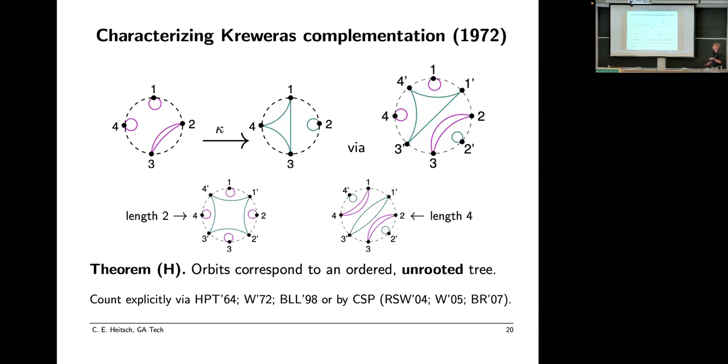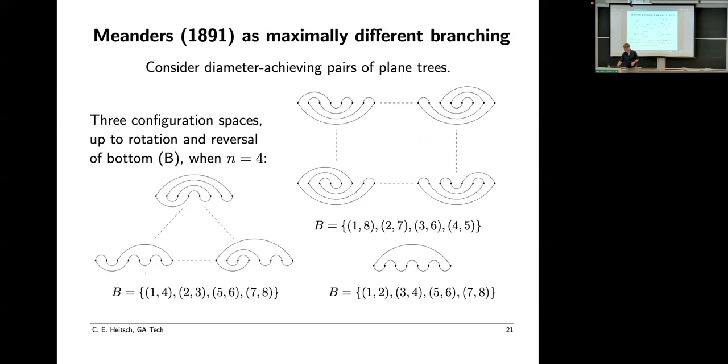I know, terrible French accent. This morning I was like, oh, I really need to be able to rattle off their names correctly, but alas. Or by the cyclic sieving phenomenon from Reiner, Stanton, and White at Minnesota. Okay, so that's one.